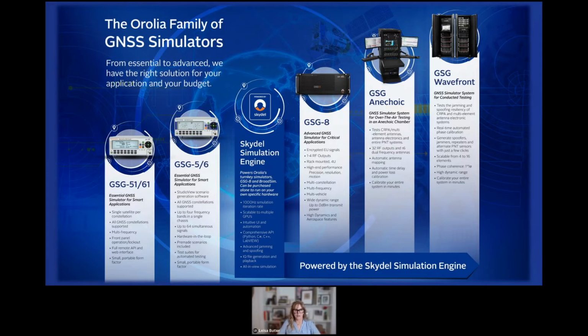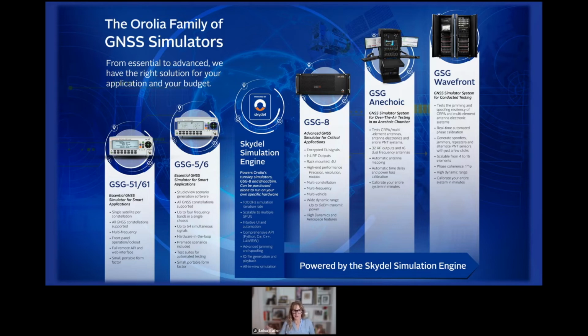The GSG 5 and 6 use the more traditional methodology of a simulator where you use FPGA modules. So you have hardware, you have channels, and you can go up to, let's say, 64 channels.